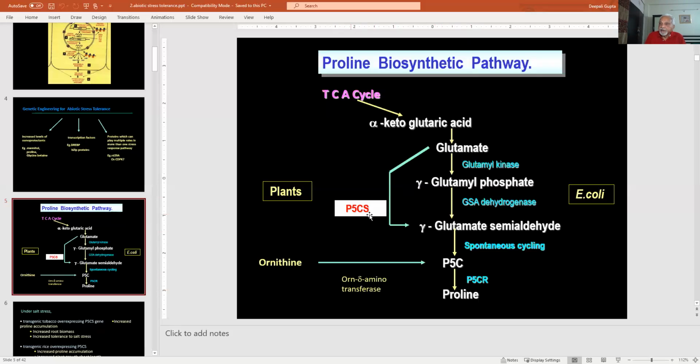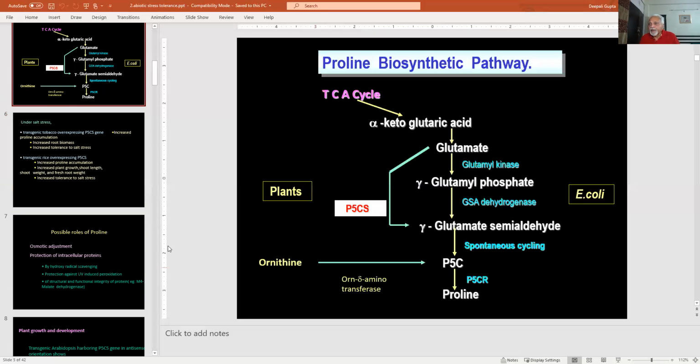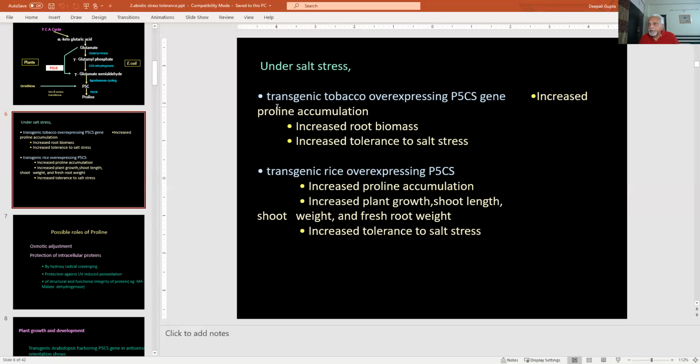Okay, and they demonstrated in tobacco, for example, this study dealt with salt stress: transgenic tobacco overexpressing the P5CS gene increased proline accumulation, as compared to the control, which were not overexpressing this gene.